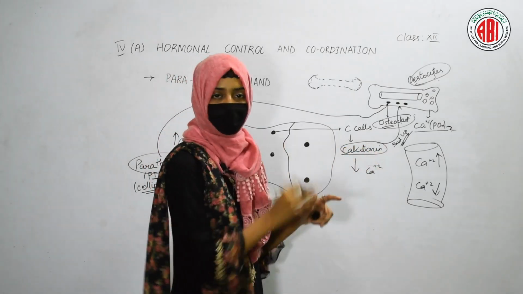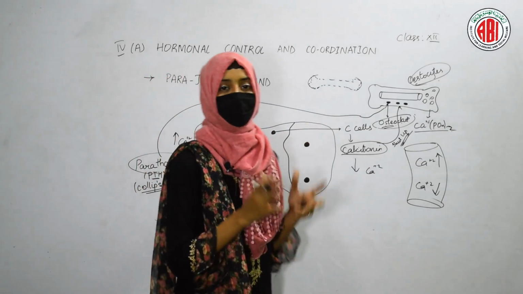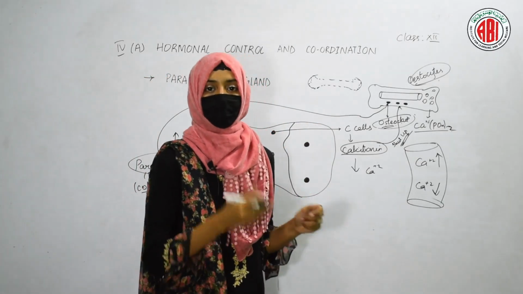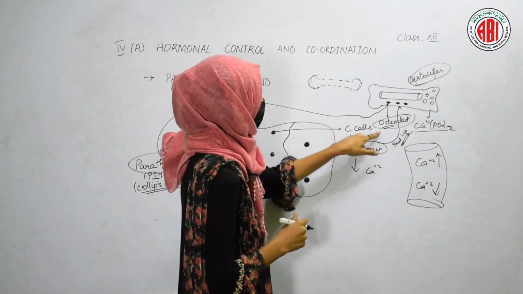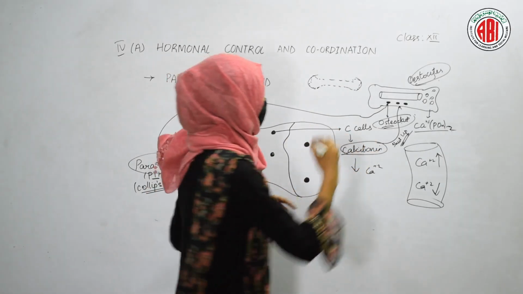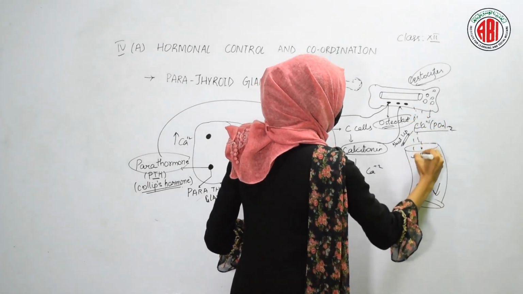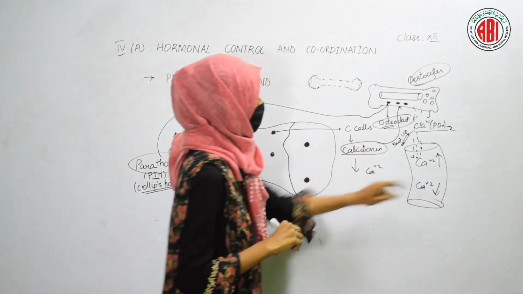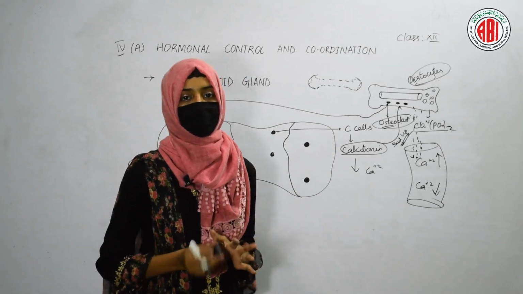Calcitonin was shutting down the action of osteoclasts, but here parathormone stimulates the osteoclasts to break the bone faster. So as the action of the osteoclasts increases, more and more calcium can be transferred into the blood, and then the calcium level automatically increases and is maintained.